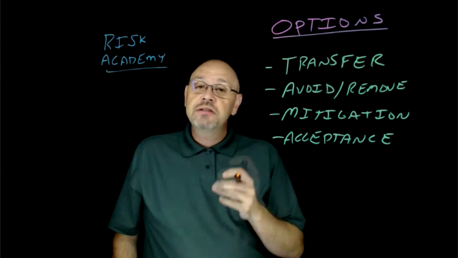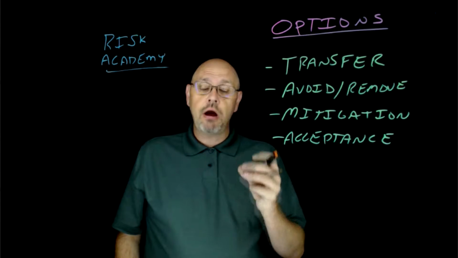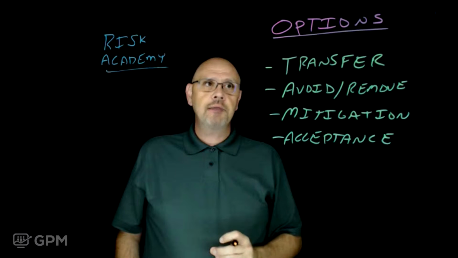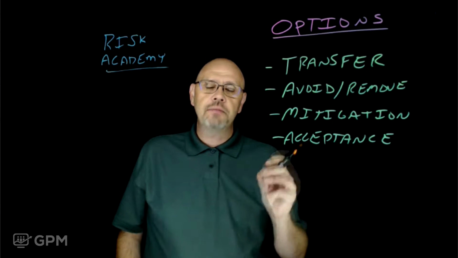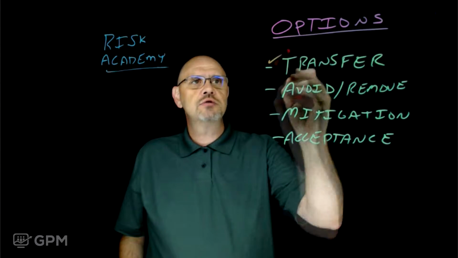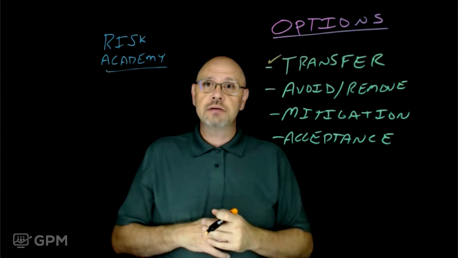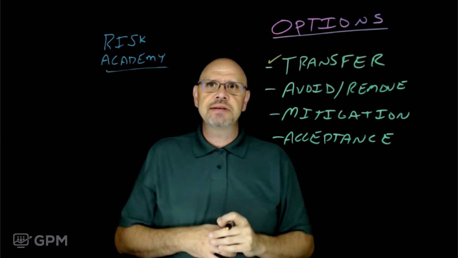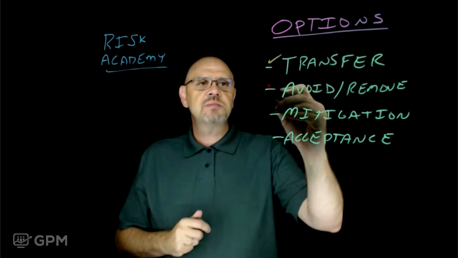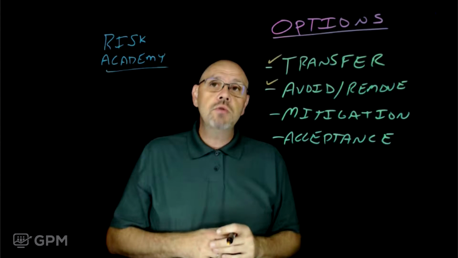Okay, so I mentioned 4 options to treat our risk. These are the actual options. We'll talk a little bit more in depth about these shortly. The first one is to transfer. Take your risk and transfer it to someone else. I'll give you some great examples of this in a little bit. The next piece is avoid or remove it.